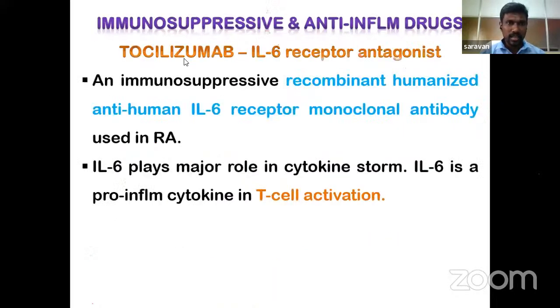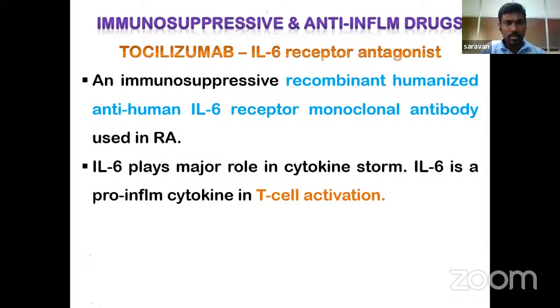The second drug is tocilizumab. As we have seen already, cytokine storm plays a major role in progressing the disease to the stage of acute respiratory distress syndrome. Interleukin 6 plays a key role in the development of ARDS.